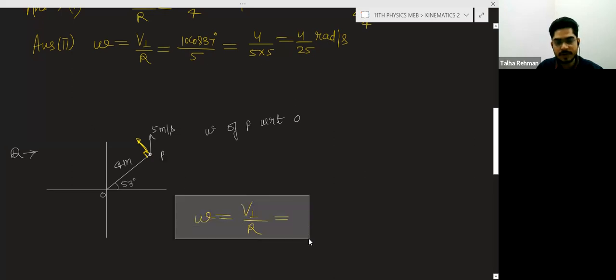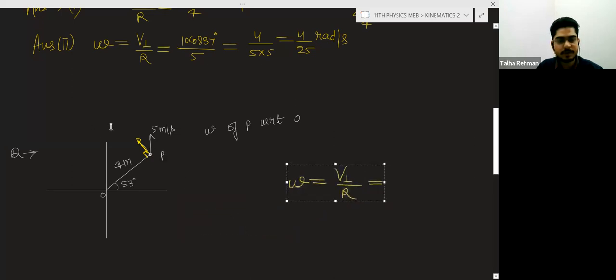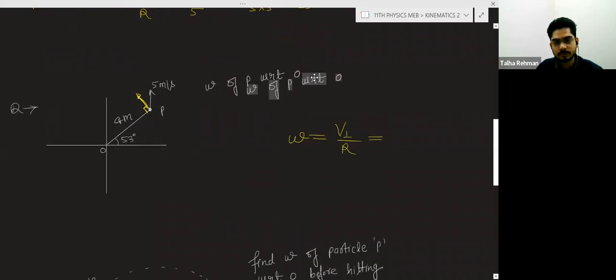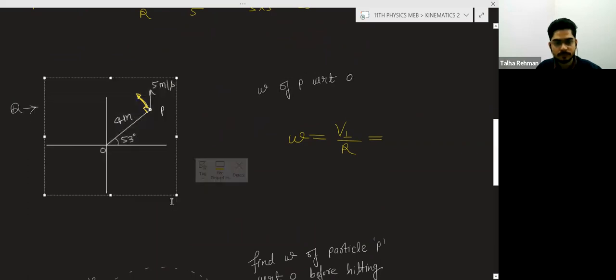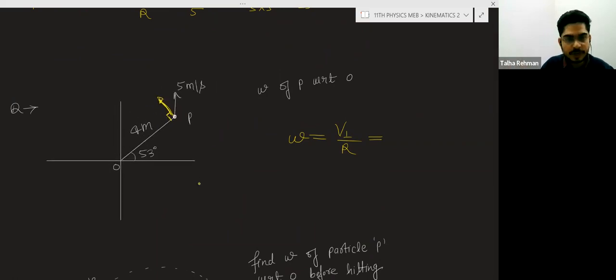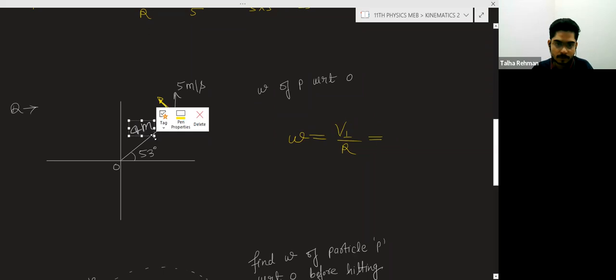So see how we will find it. Basically we have to find the angle. So in this case, this distance is 4 meter, given.